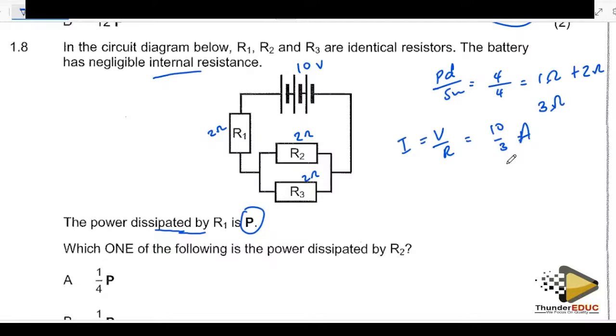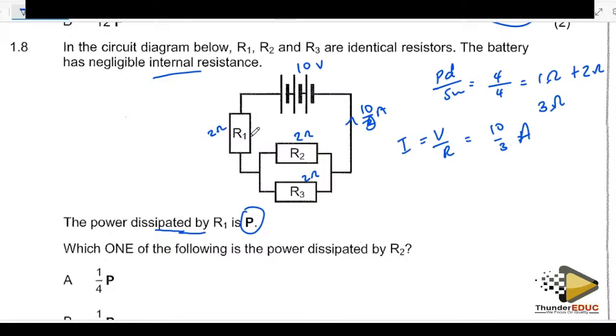Then from the formulas of power, power is given as IV, or I can use another combination. Because this 10/3 is the current flowing through the entire circuit, it's the same current that passes through R1.